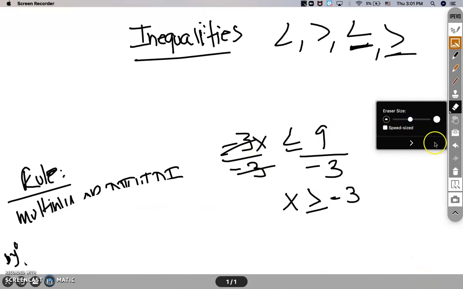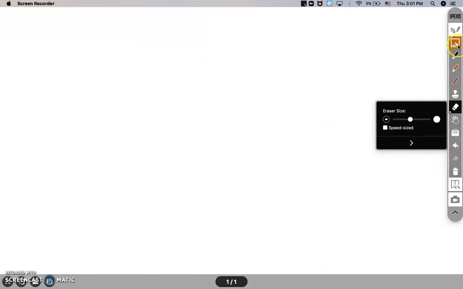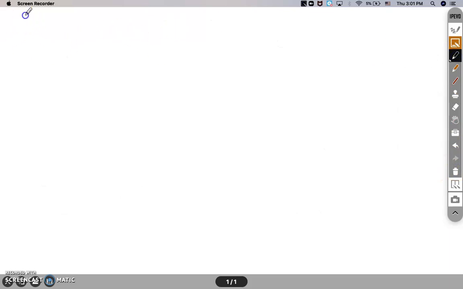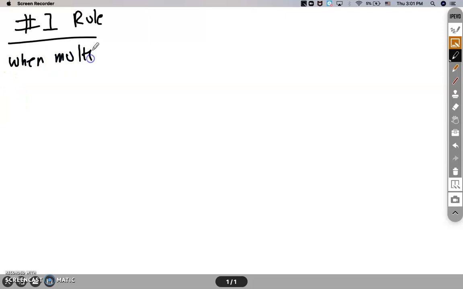I'll rewrite it more clearly. Let me clear this board here. So the number one rule that you need to follow always: when multiplying or dividing, this rule applies to both of them.